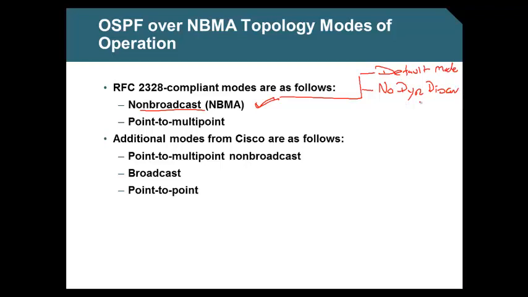No dynamic discovery of neighbor. We need to do manual neighbor configuration. And as we saw earlier, there is going to be a DR BDR election. Because there is DR BDR election, your network must be full mesh.